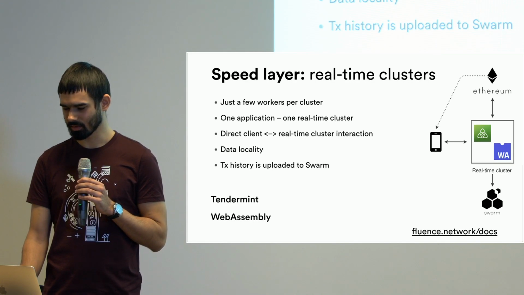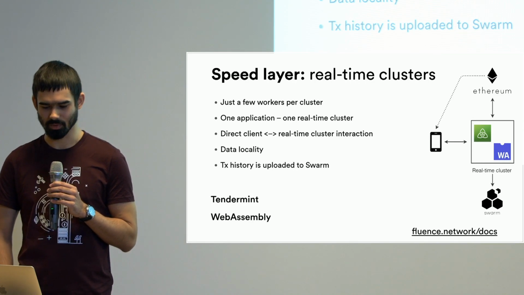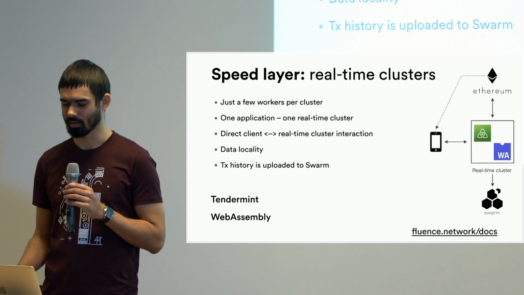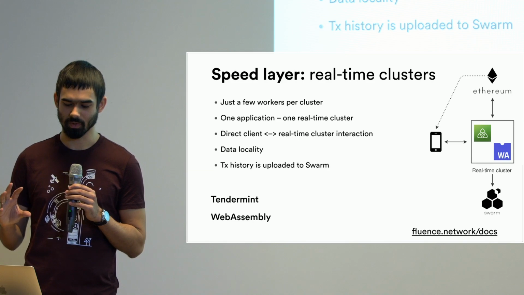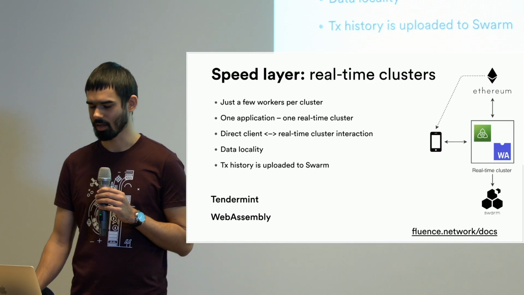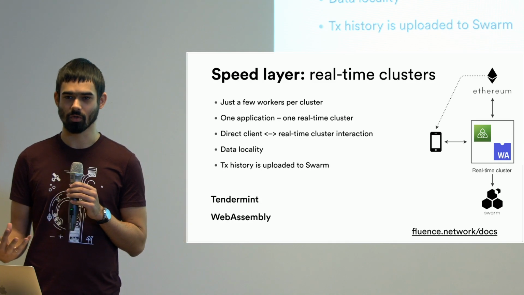So let's take a look inside the technology and start with the speed layer. The speed layer consists of real-time clusters with one application for each cluster. Clusters could be really small.